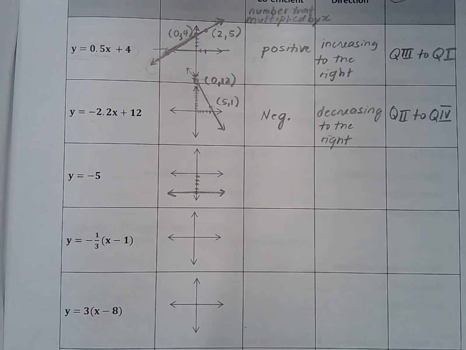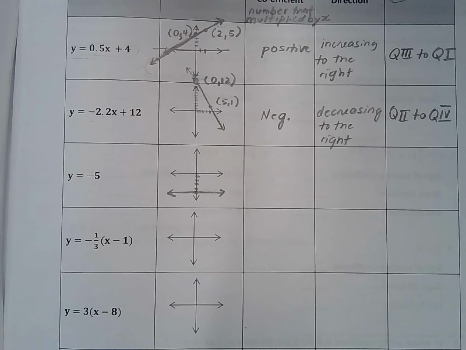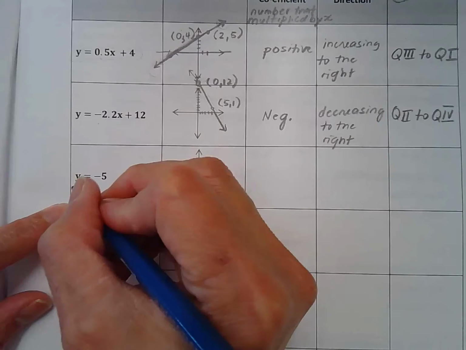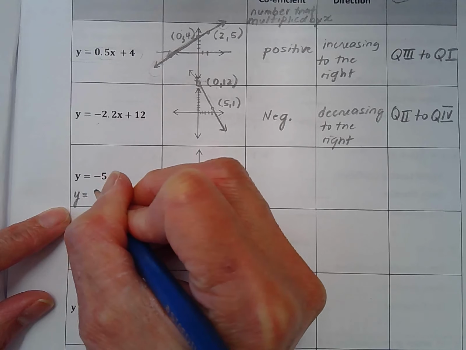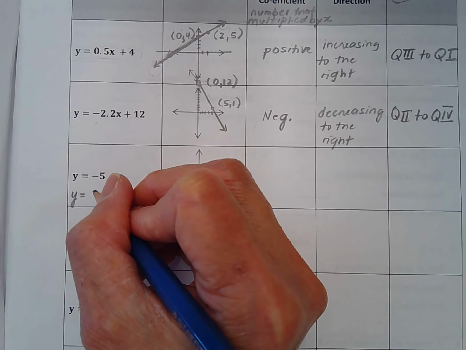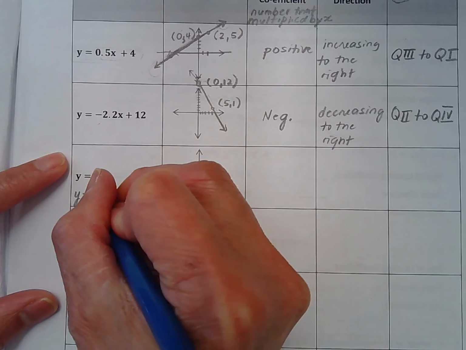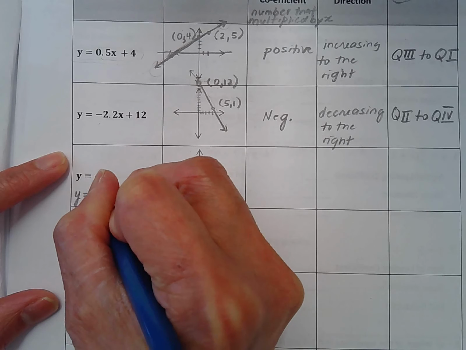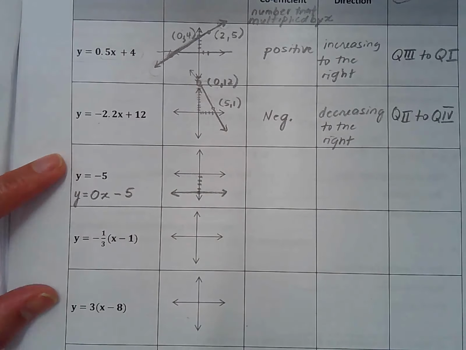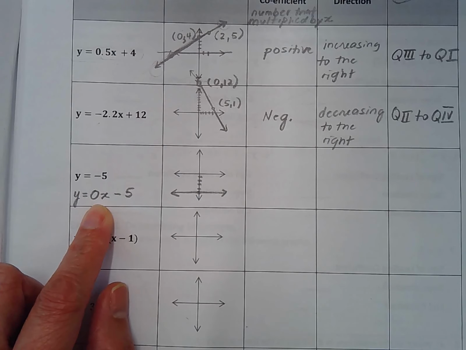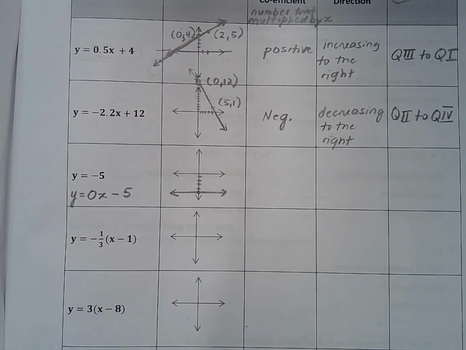Let's actually rewrite this differently so that we are very clear on what the slope is. Because it's a flat line, horizontal, the slope must be 0. So we can write y equals 0x minus 5. No matter what the x value is, the outcome is -5.